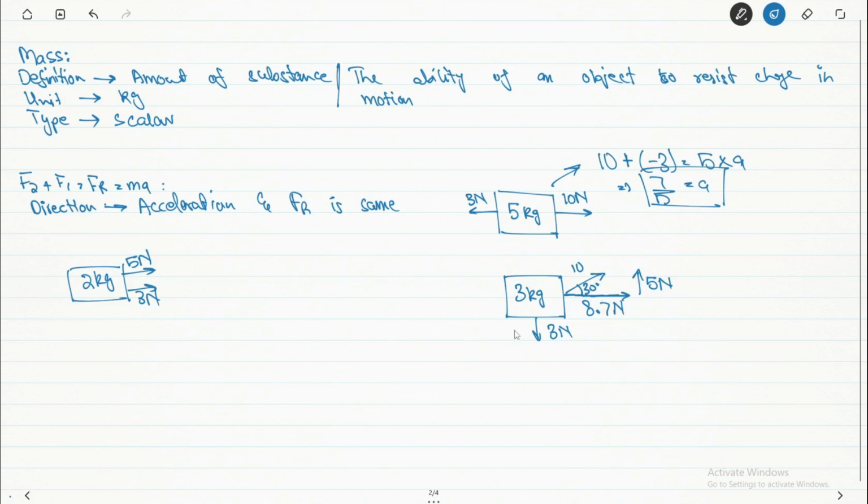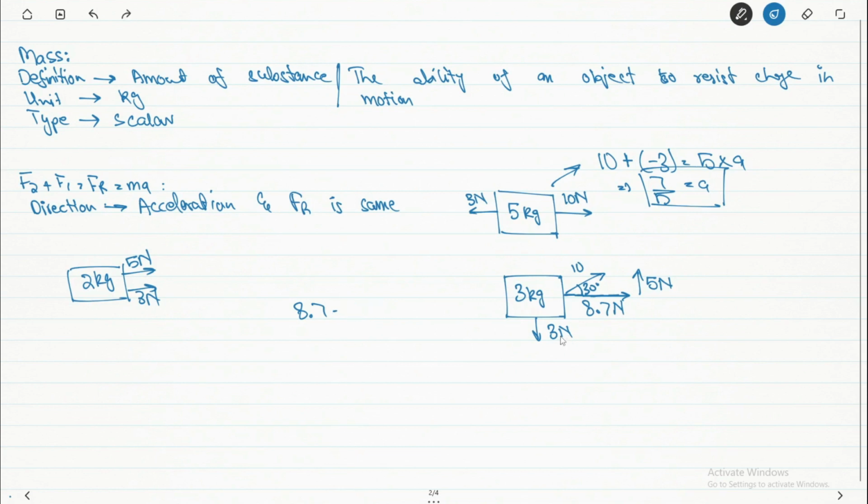Now, there's a resultant force in two directions, right? There's a force in the horizontal axis and in the vertical axis. Let's take the horizontal axis first. 8.7 is equal to 3 times a, right?